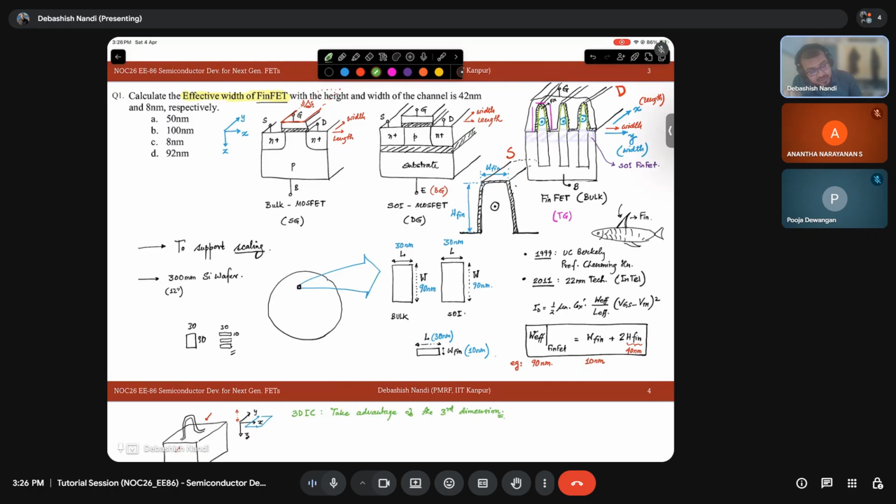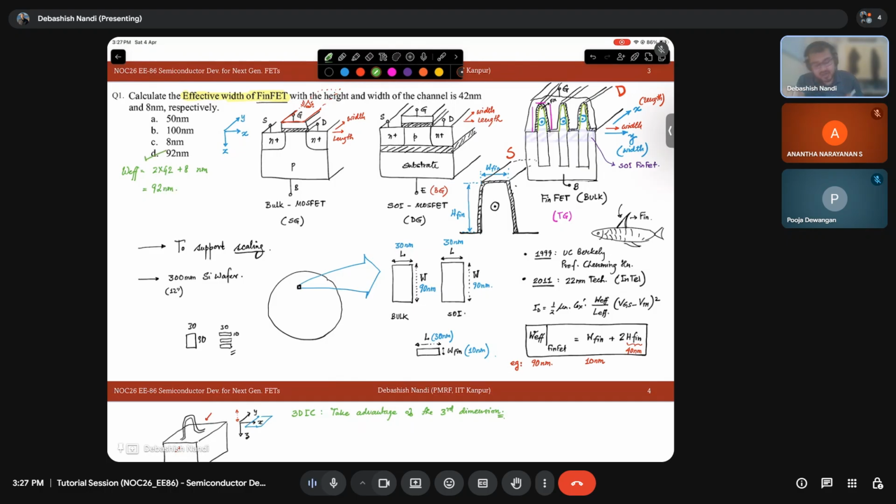So what about this question? To answer this question, this much is sufficient. So what is W effective in this? W effective is 2 times 42 plus 8 nanometer. That is your 92 nanometer.